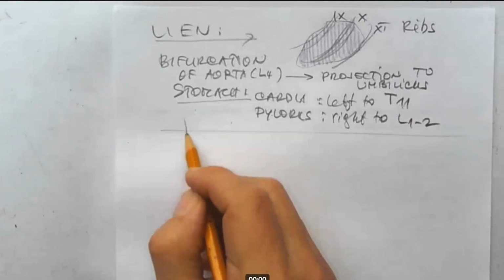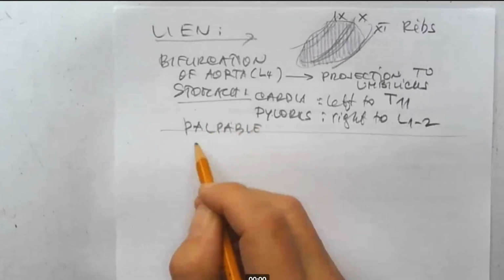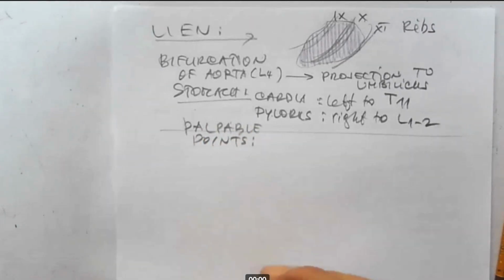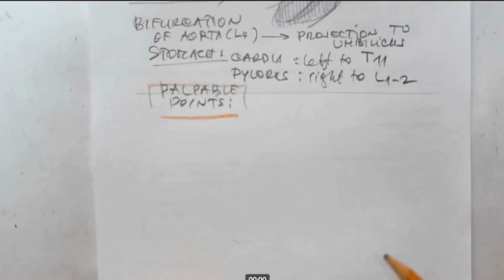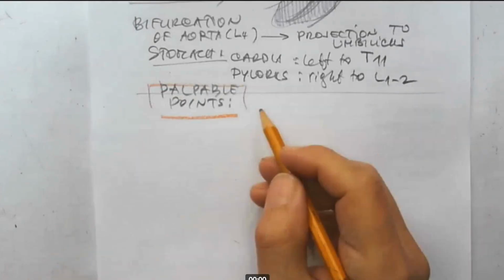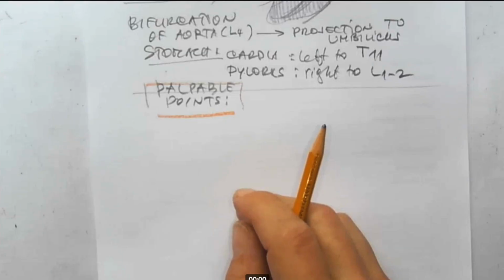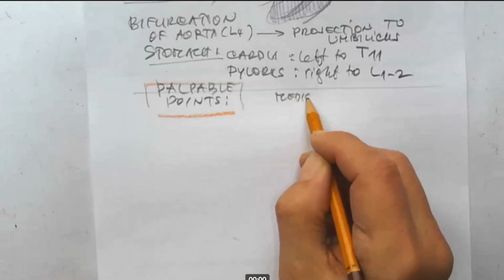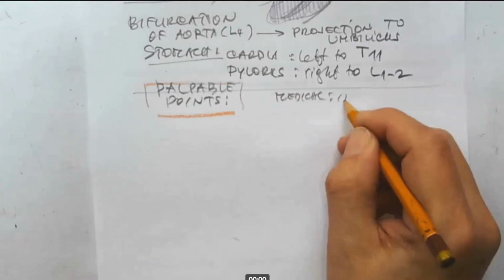What can we palpate? Palpable points. As you remember, in any visit to a general practitioner or to surgery, we know that there are some definitely important methods. First of all, the first one is the general view, so this is the inspection.